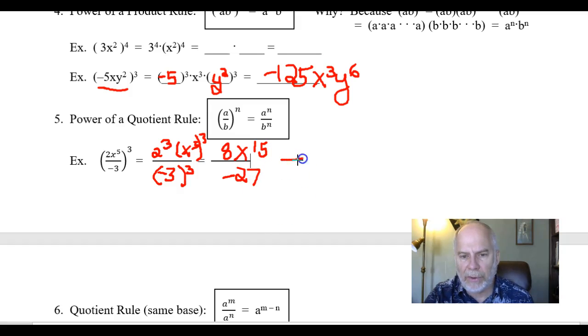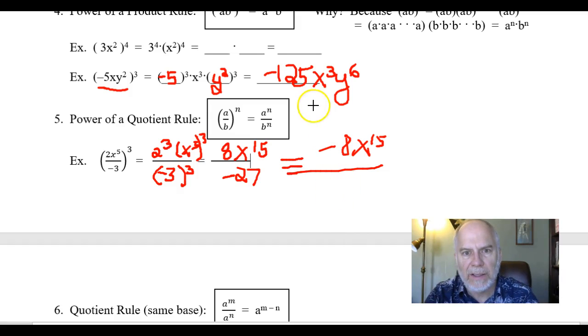Now, I would prefer if you do not leave a negative in the bottom. So if we multiply top and bottom by -1, that'll change this to -8 x to the 15th over 27.